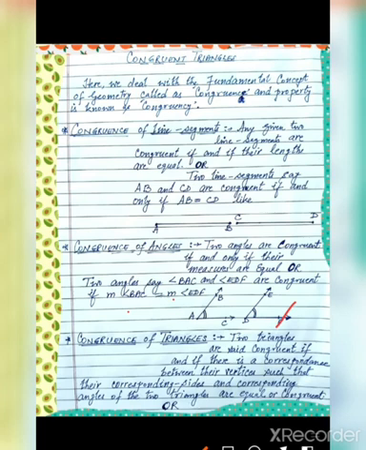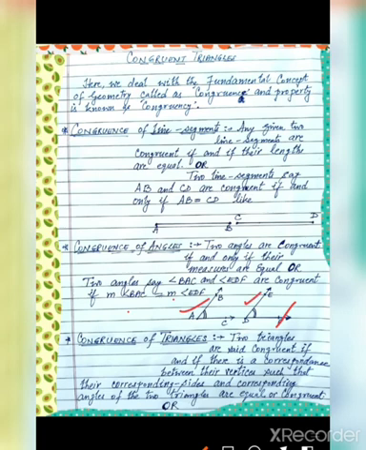Now, congruence of triangles, how can we prove it? Two triangles are said to be congruent if and only if there is a correspondence between their vertices, such that their corresponding sides, remember the word is corresponding sides, like here in the figure AB has its corresponding side as DE, in that manner.